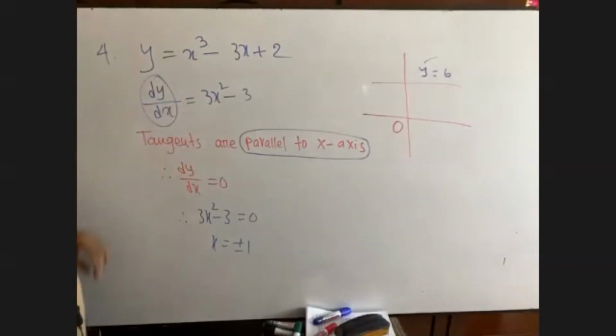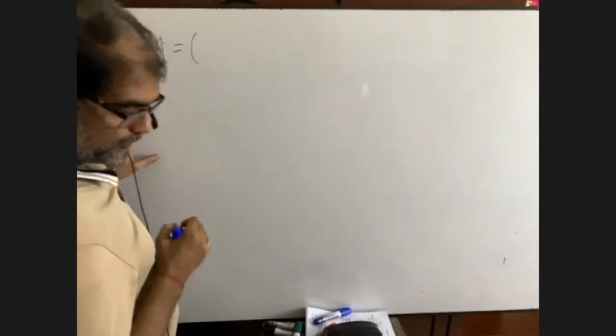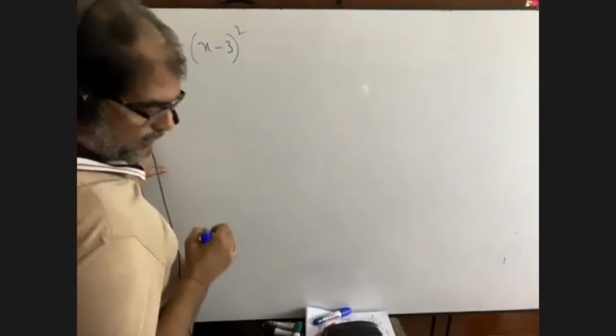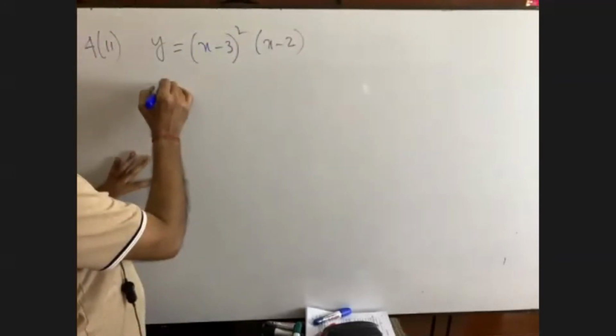We are done. Now, go to question number 2. Find the coordinates of the points on the curve. Y is equal to x minus 3 whole square into x minus 2. All of you are required to find dy by dx.